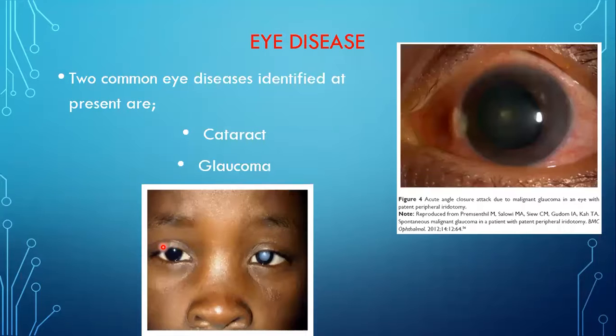Eye diseases. There are two common eye diseases identified at present. They are cataract and glaucoma. Here you can see an eye with cataract. You can see an eye with glaucoma.